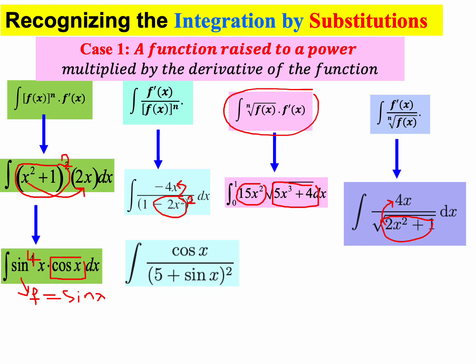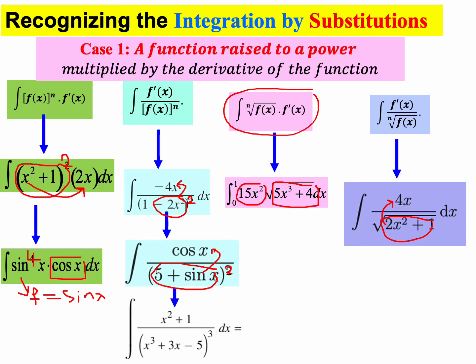The last example here, for these four cases, we have 5 plus sine x raised to power 2 in the denominator, and the derivative of 5 is 0, but the derivative of sine is cosine, which is also given to us.